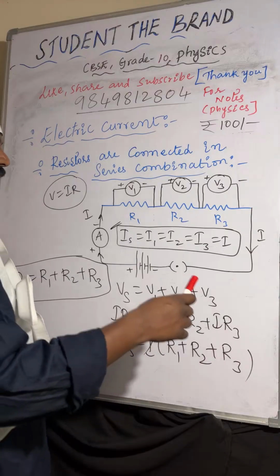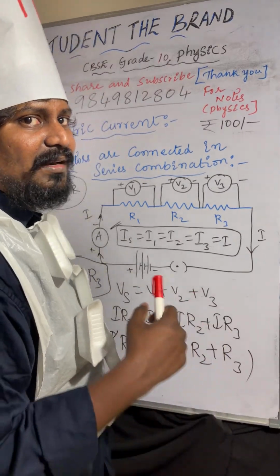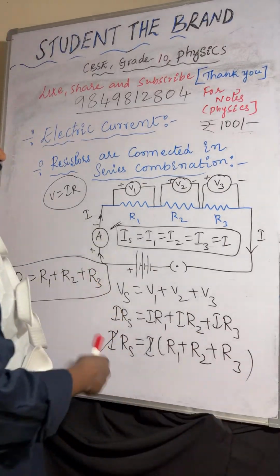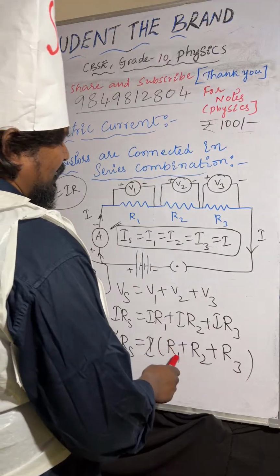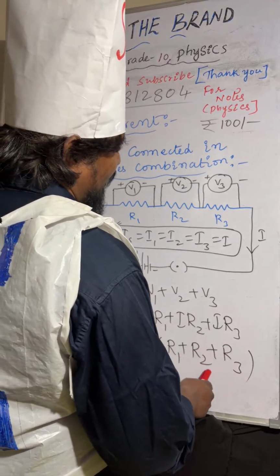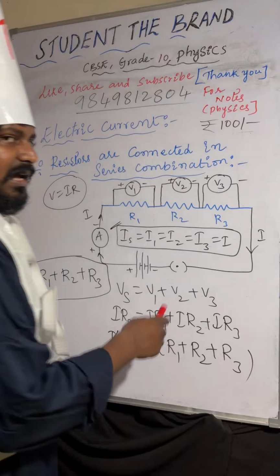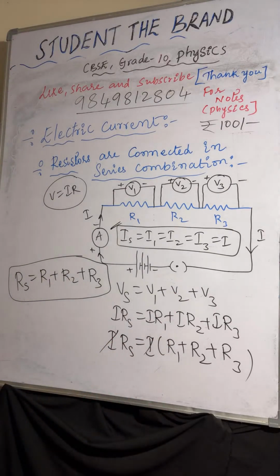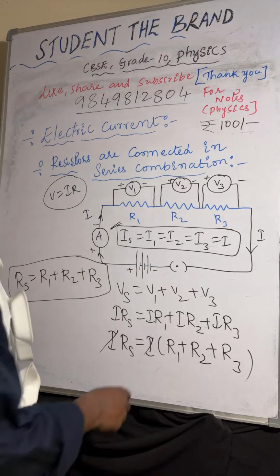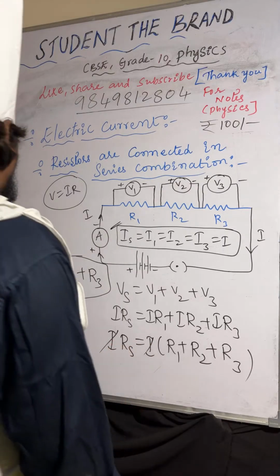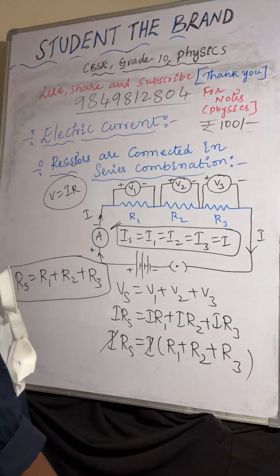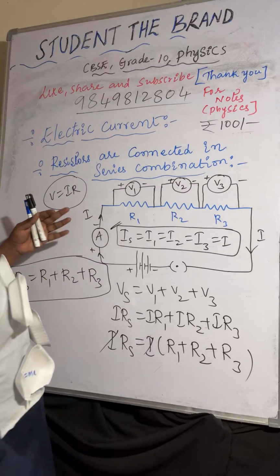I am taking I common and cancelling the I value. The remaining: Rs equals R1 plus R2 plus R3.